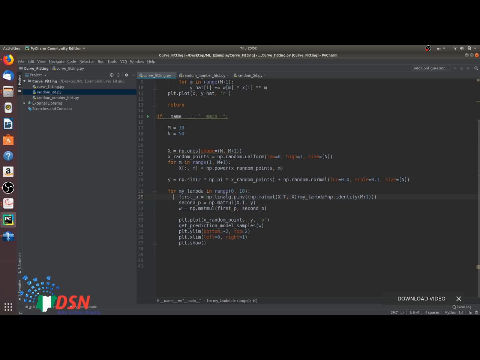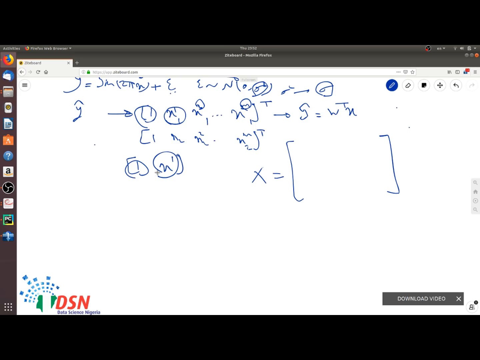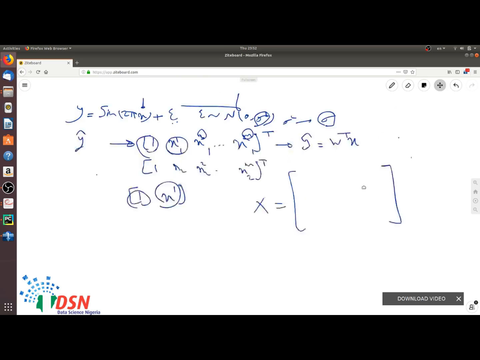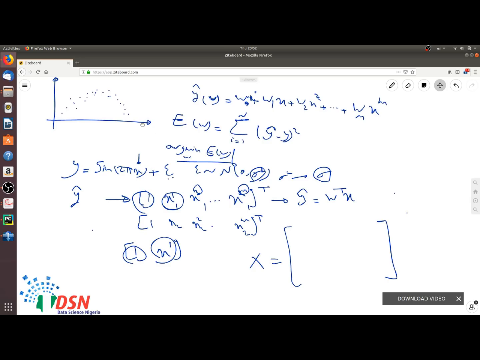And in here, if you remember, we add another term in the cost function to prevent overfitting, which was the norm of the weights.